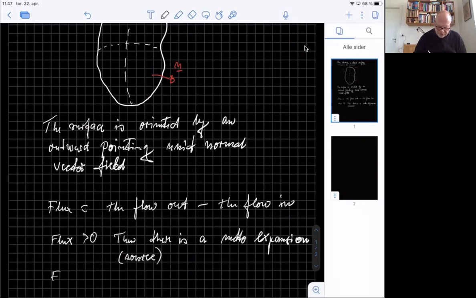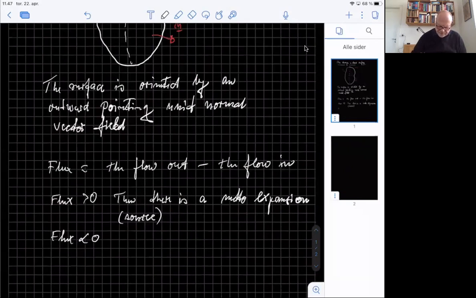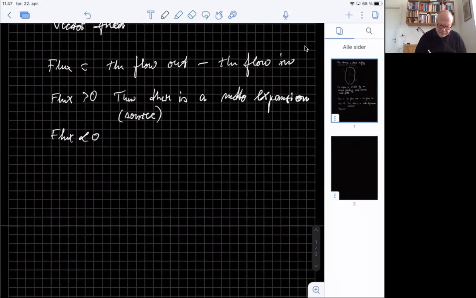If the flux is less than 0, then there is a net contraction, and you have a sink.